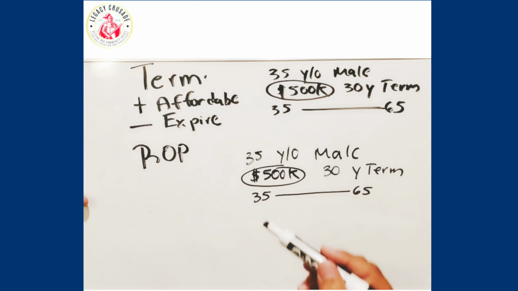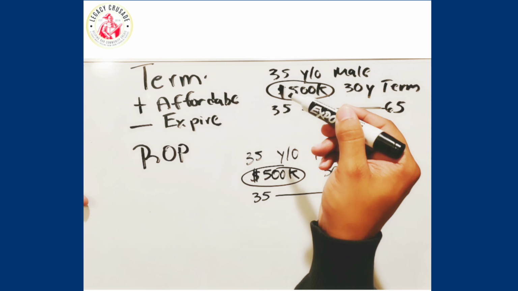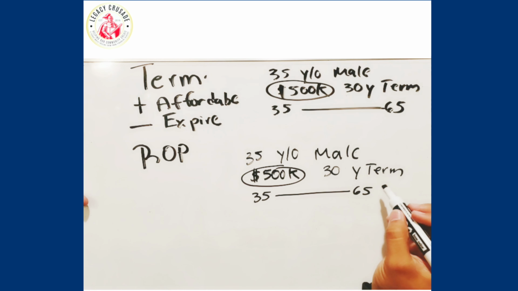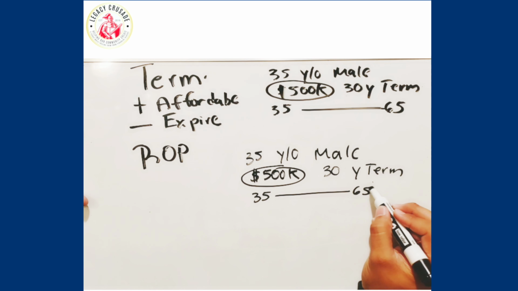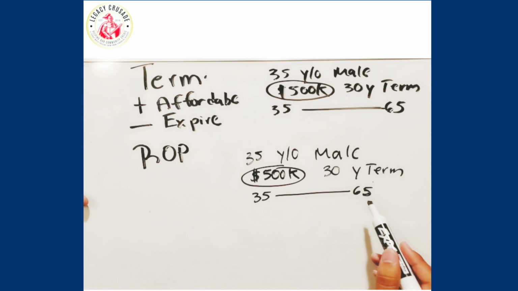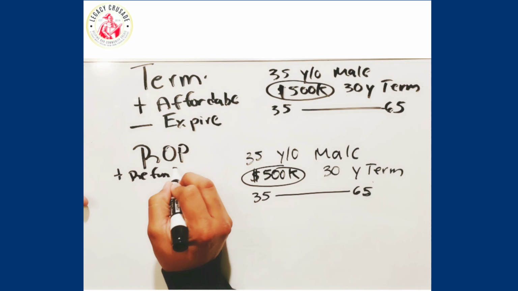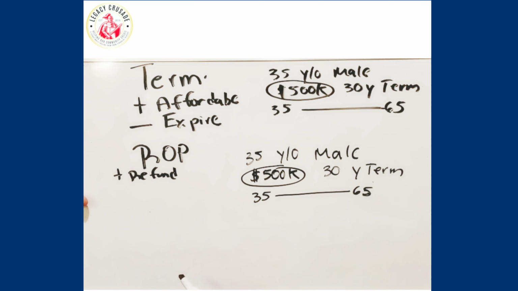Now, this policy I mentioned earlier is typically three times as much as the term policy. And the reason why is if the client lives past age 65, there is a component where he gets a refund. And this is the benefit of the policy. The policy is called return of premium. Which means that if he outlives the policy, he gets back every cent of money that he's put into the policy.